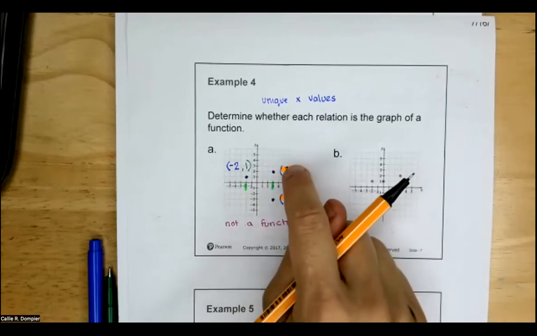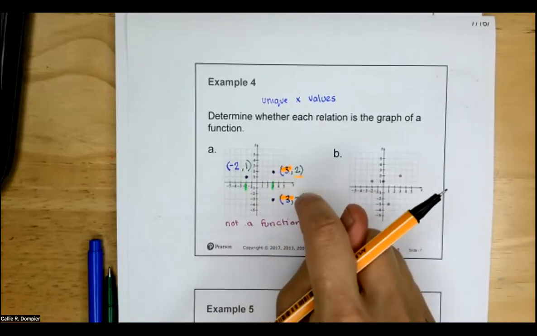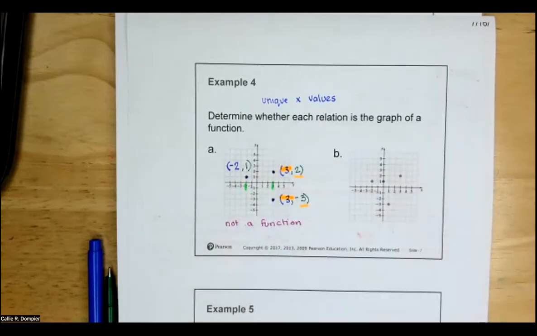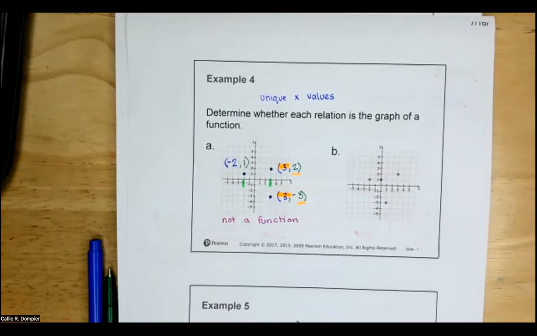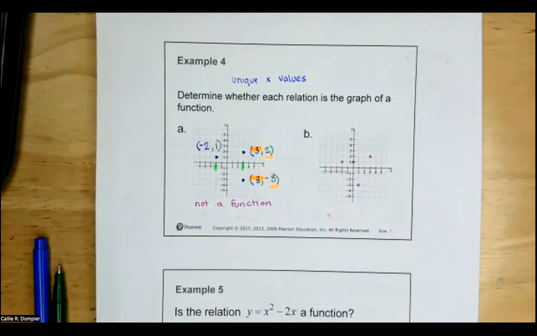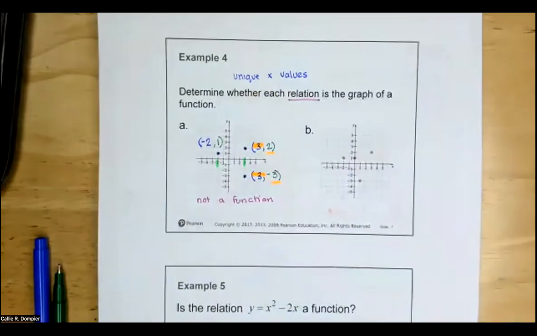When x is 3, y is 2, but sometimes when x is 3, y is -3. Not a function, just a relation. They are already relations, just is it a function?